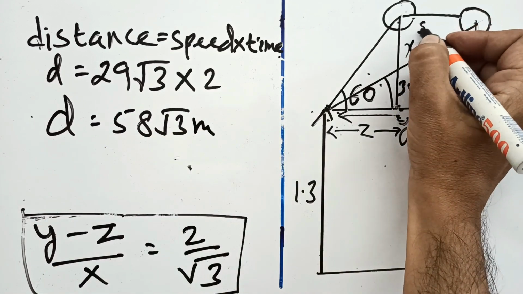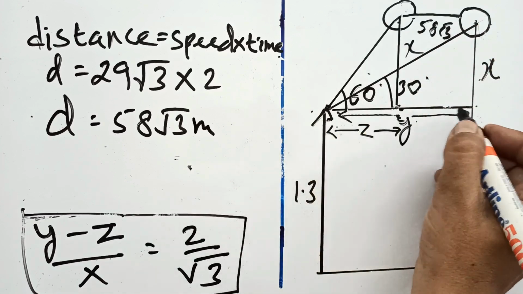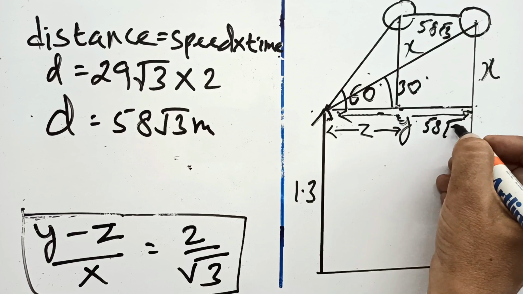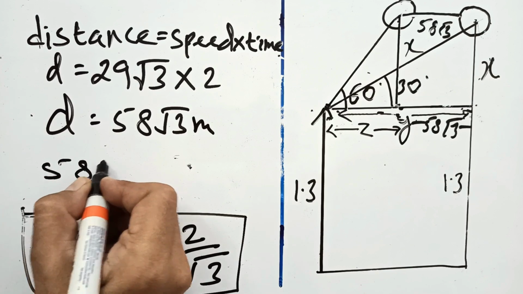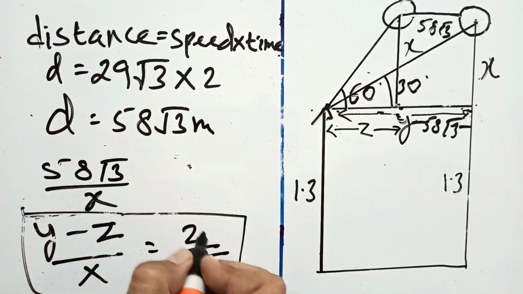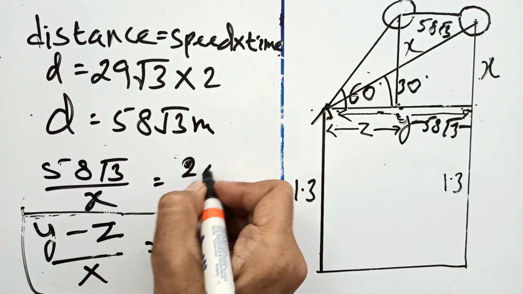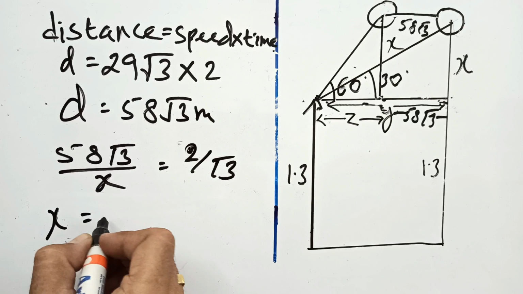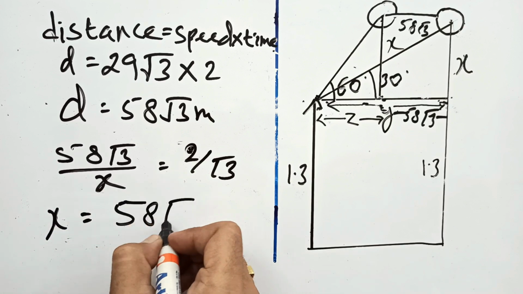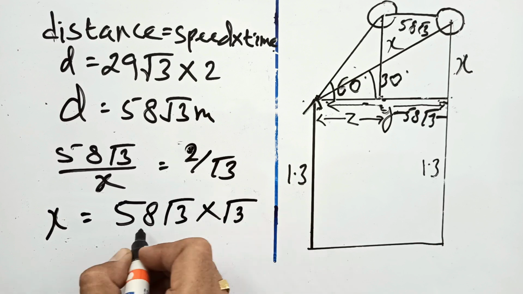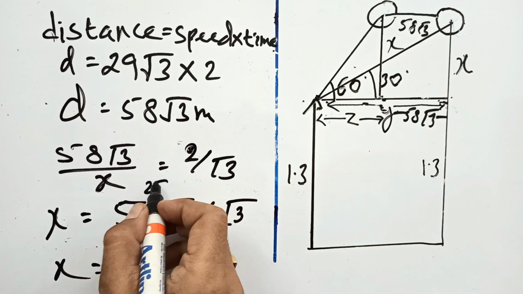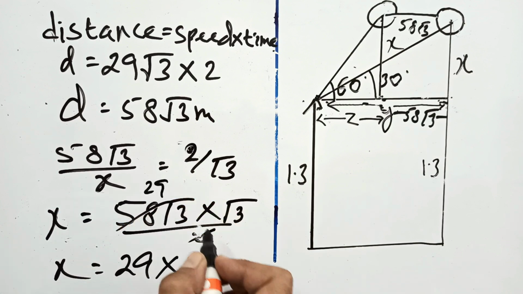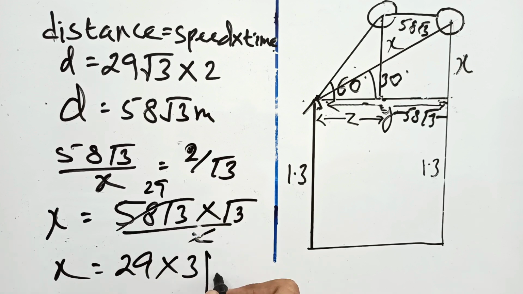This distance 58 root 3 means y minus z. So instead of y minus z we put 58 root 3. 58 root 3 upon x is equal to 2 by root 3, so x is equal to 87 meters.